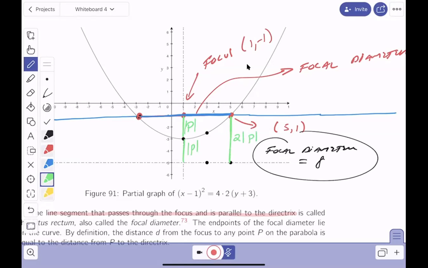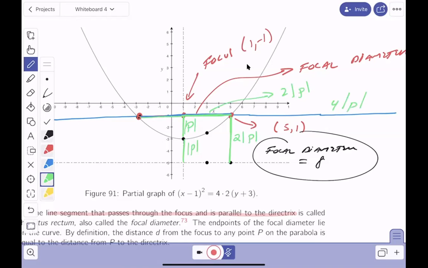2 times, when I say 2 times P, I mean the absolute value of P, I'm sorry. Well, if that's true, what's this guy's distance? Well, the defining feature of a parabola is that these are going to be equal distance. So this guy over here is also 2 times the absolute value of P. So what's the entire distance going to be? 4 times the absolute value of P. So what does it say in the footnote?